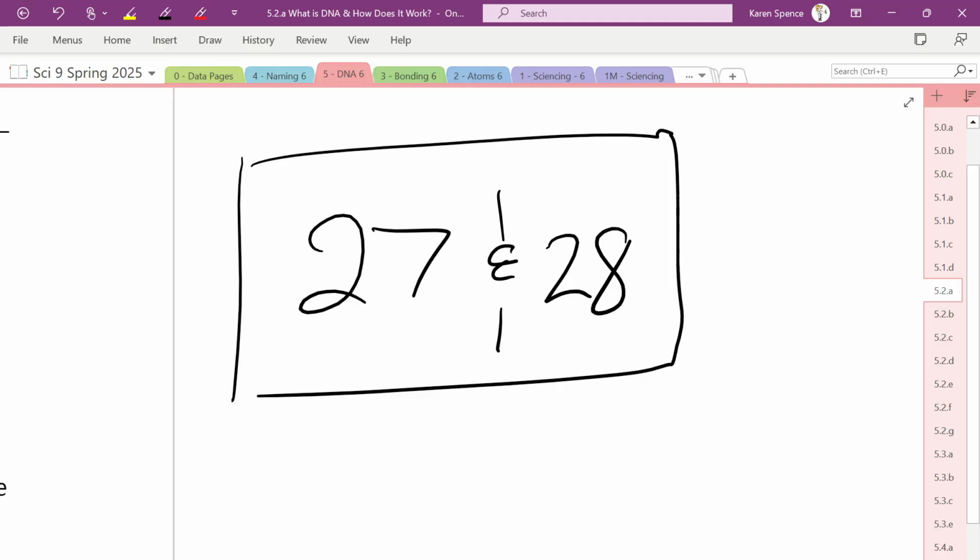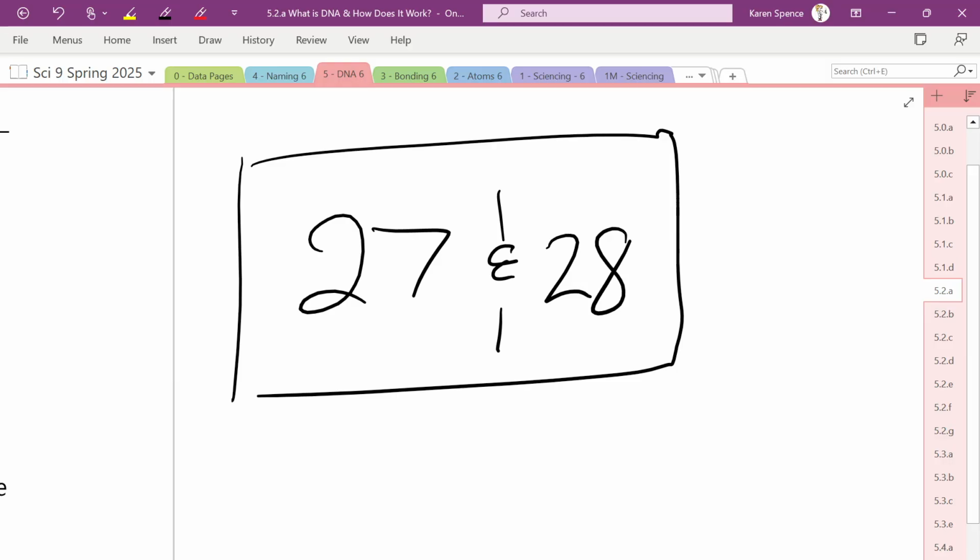And then if you look at the RNA, in order to get all the steps, you want to start from the beginning.